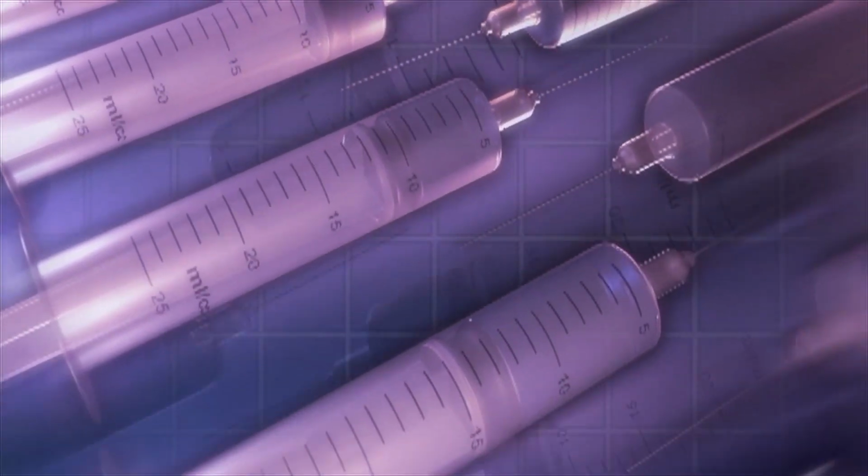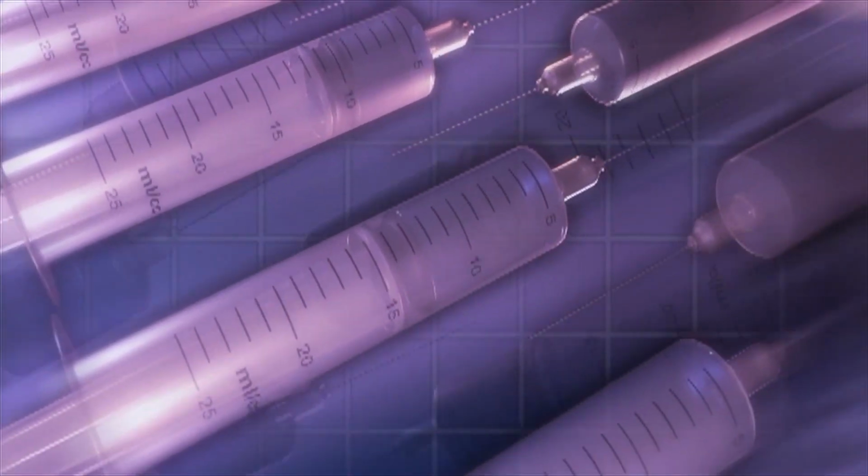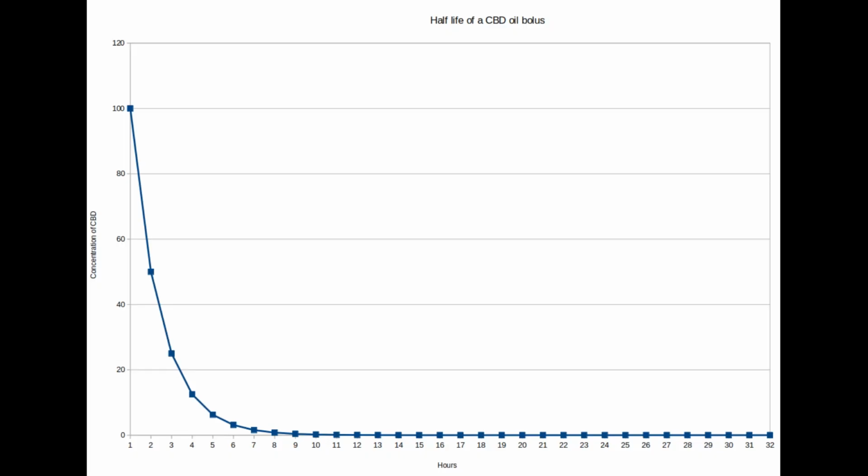This does not mean that in 2 hours a drug will be gone, but that after the first hour of a 100 mg dose, 50 mg will remain. At 2 hours, 25 mg. 3 hours later, 12.5 mg, and so on.